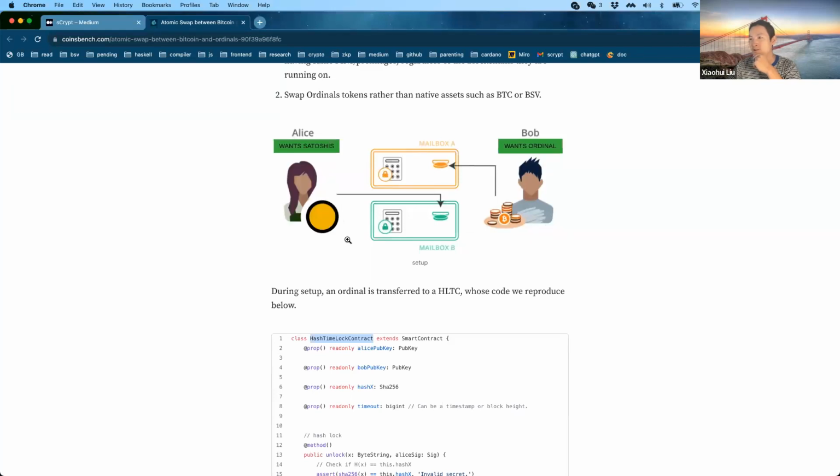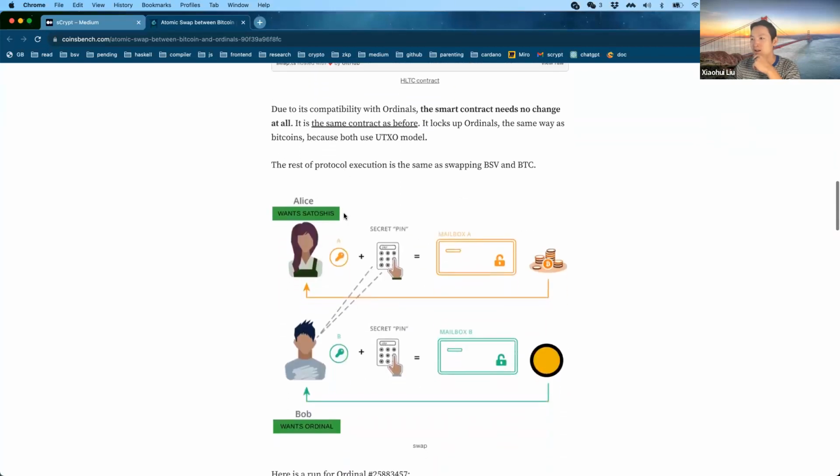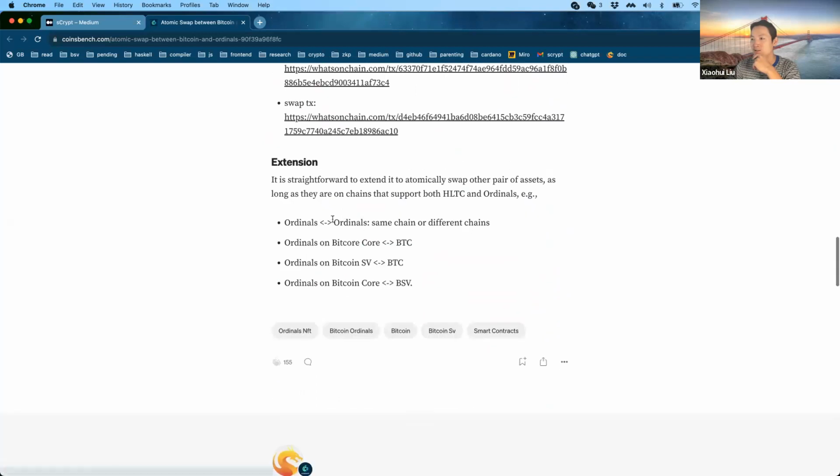So if you can atomic swap Satoshis, then you can swap ordinals as well. Now we're swapping Satoshis with ordinals, but you can also have many other combinations, right? You can do ordinals with ordinals. You just lock up two ordinals in this contract. Or you can even do it cross chains, or on the same chain, it doesn't matter.